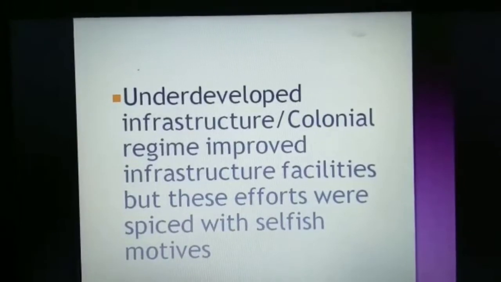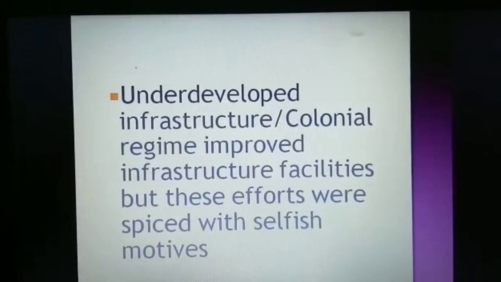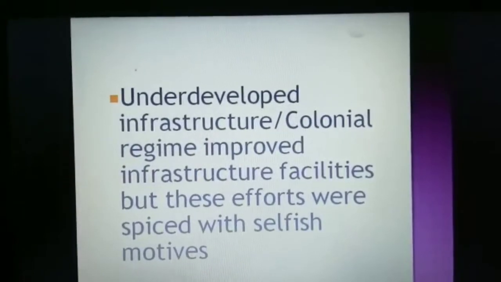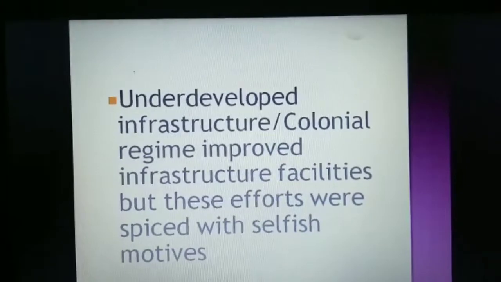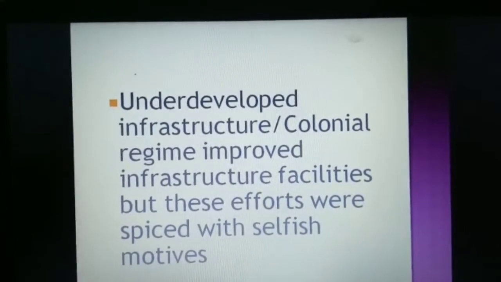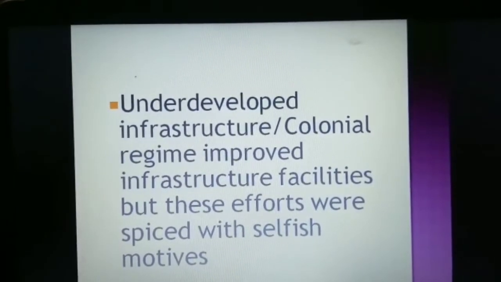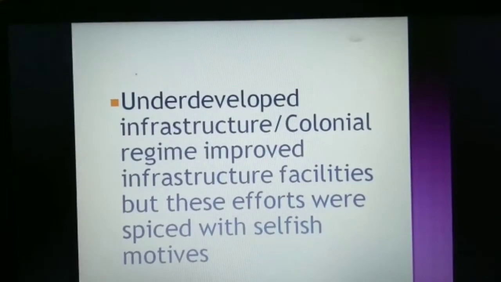If we talk about the infrastructure of our economy, there were certain improvements in the railways and the roadways. We can find improvement, but if we talk about the motive behind these developments, they were spiced with selfish motive on the part of the colonial government.